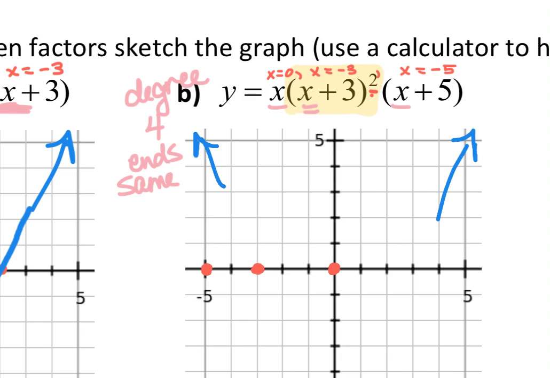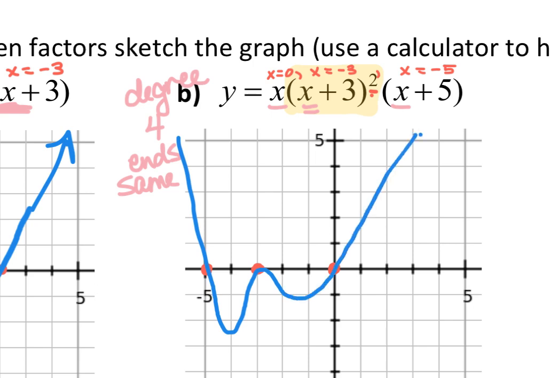And I'm going to adjust where I have those ends that I drew. Just remember that both ends are going up. So if I start over here, I'm going to come down through here, bounce there, and then go up there. And now I've got both ends going up with the bounce at -3.